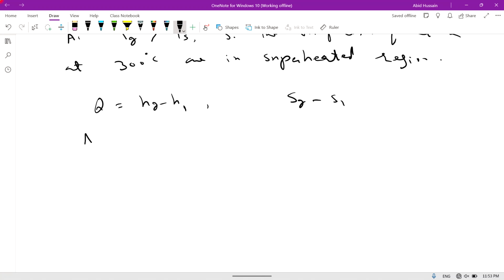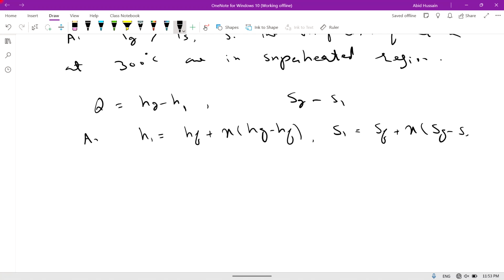As we know that H1 is in wet region, and formula for H1 is H1 is equal to Hf plus X times Hg minus Hf, and S1 is equal to Sf plus X times Sg minus Sf, and Hf, Hg, Sf, Sg are given in saturated steam table.